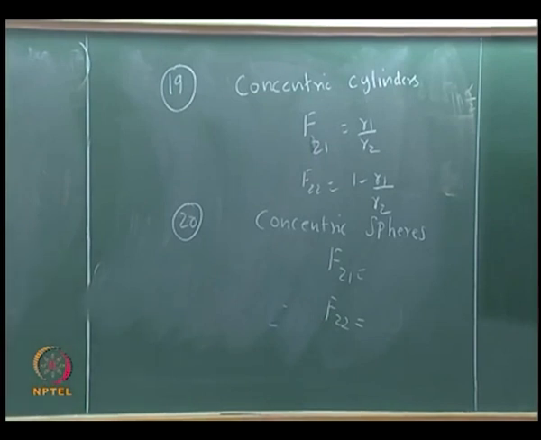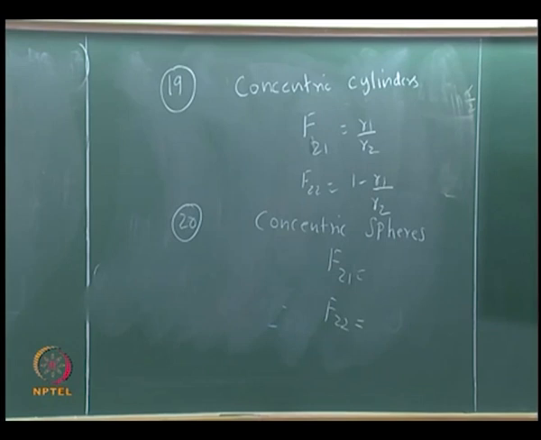Problem number 20, repeat the procedure for concentric spheres. A1 by A2 remains R squared, very good. F21 is R1 squared by R2 squared.